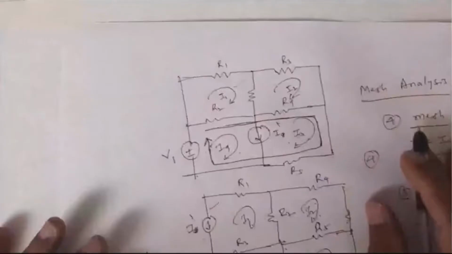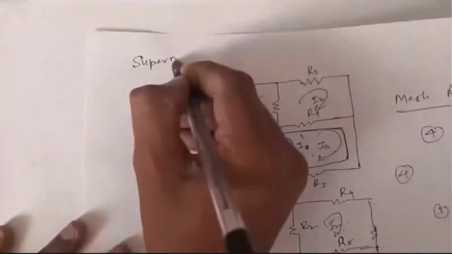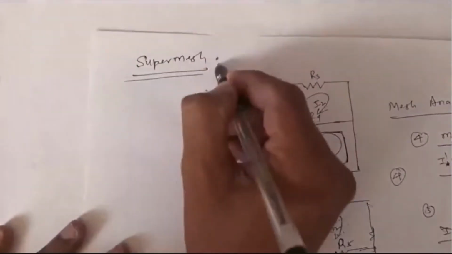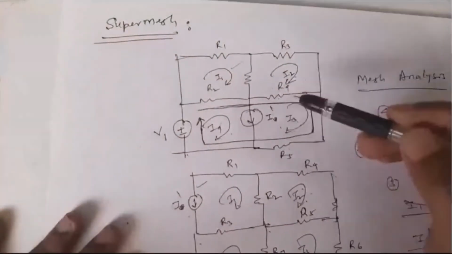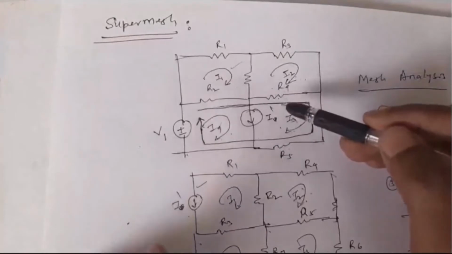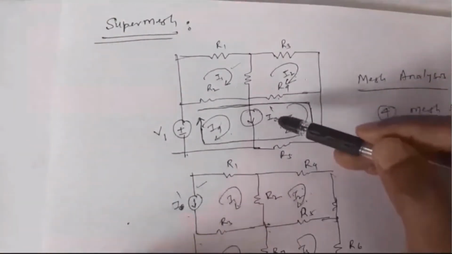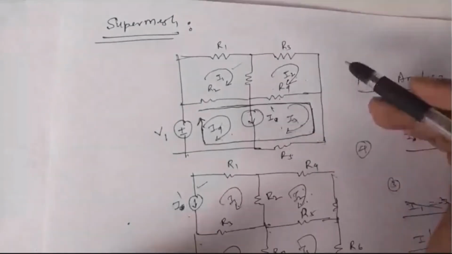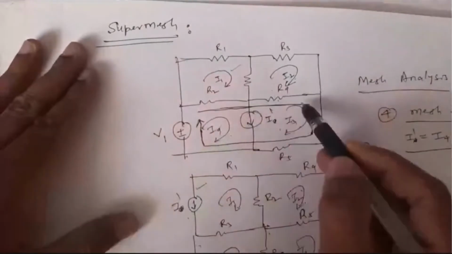Basically I'm trying to discuss super mesh here. Dear students, a super mesh is a combination of two or more meshes which contains a current source inside it. Now you can ignore this and apply KVL to this super mesh.